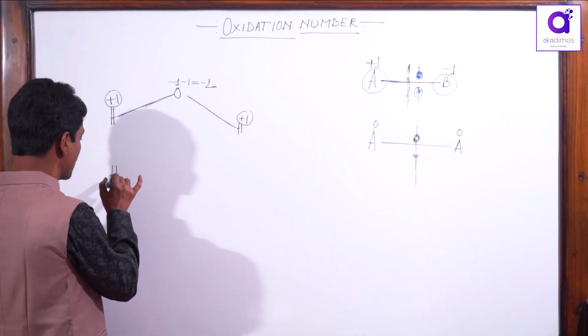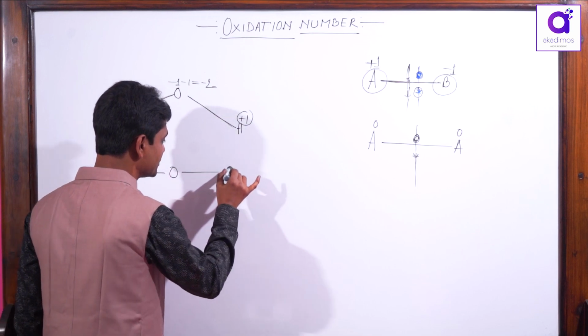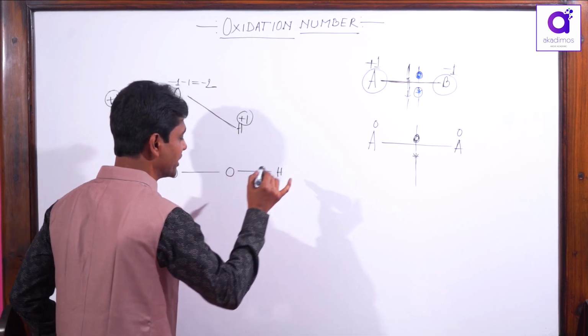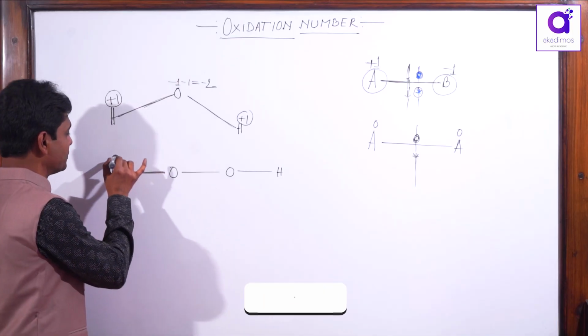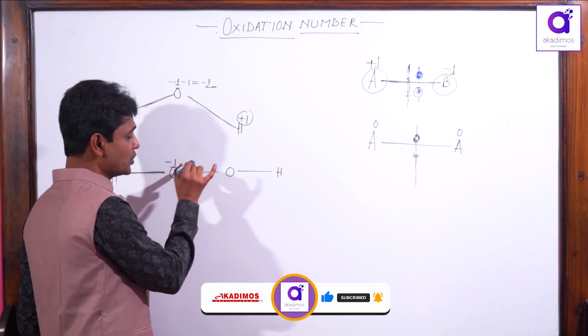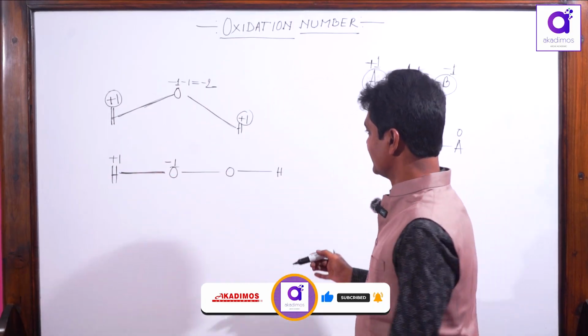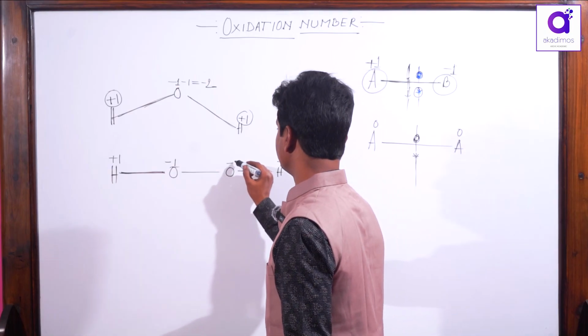I'm going to give another example. You know hydrogen peroxide. This is the structure of hydrogen peroxide. Now, for this bond, hydrogen is electropositive, +1, oxygen is electronegative, -1, and hydrogen here is electropositive, +1, oxygen is -1.